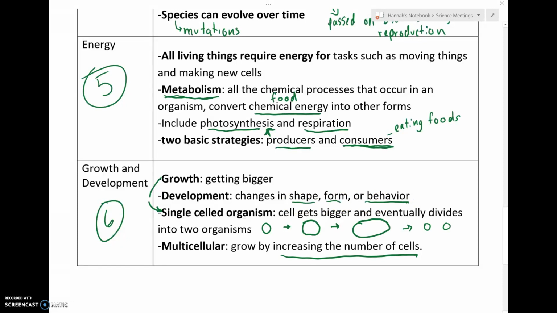As a human grows, it still has all of the same body parts, hands, fingers, eyes, etc. But over time, those body parts might be better used. You have better reflexes as you grow older. You have better vision as you grow older. You become faster as you grow older. So those are all pieces of your development.